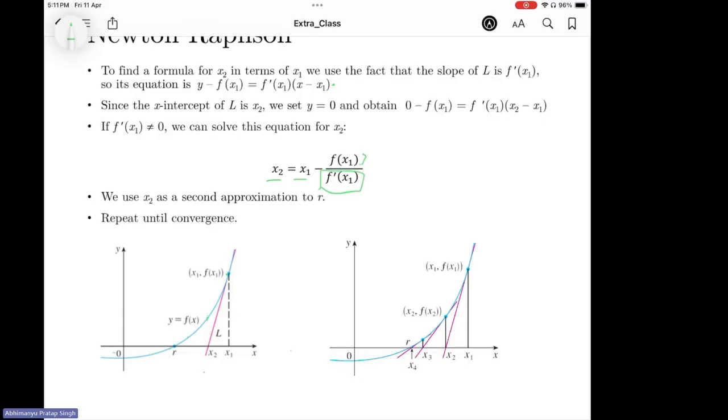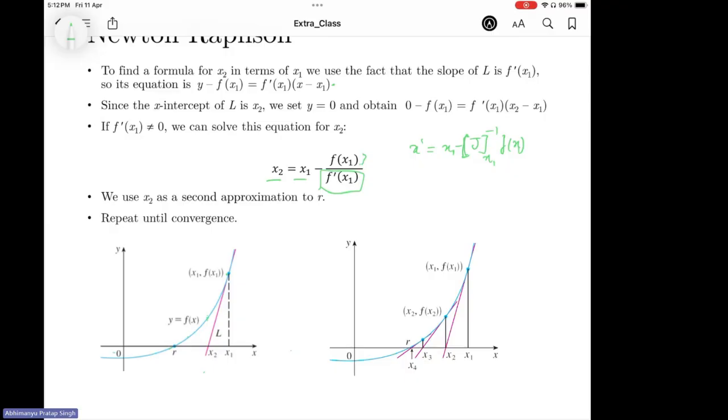So the update equation basically becomes x minus J inverse of x times f of x. So if this is x1, this J inverse is the Jacobian calculated at x1, fine.